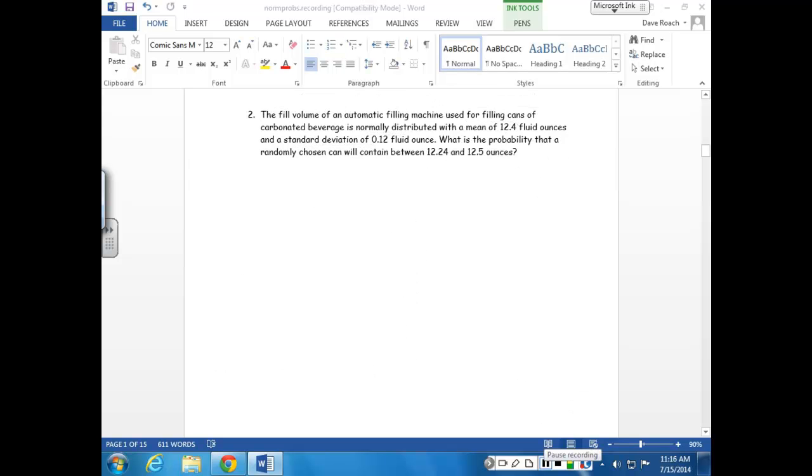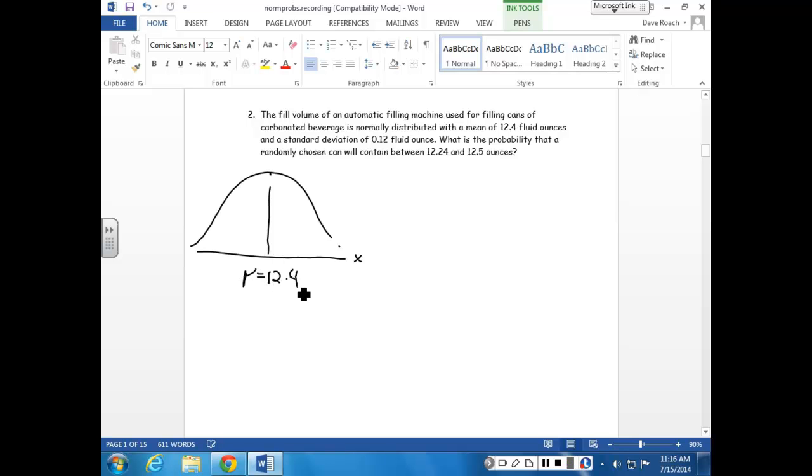Okay, so on number 2, which is really just a continuation of the same problem, we're still going to have a mean of 12.4 and a population standard deviation of 0.12. But now we want to know between 12.24 and 12.5.